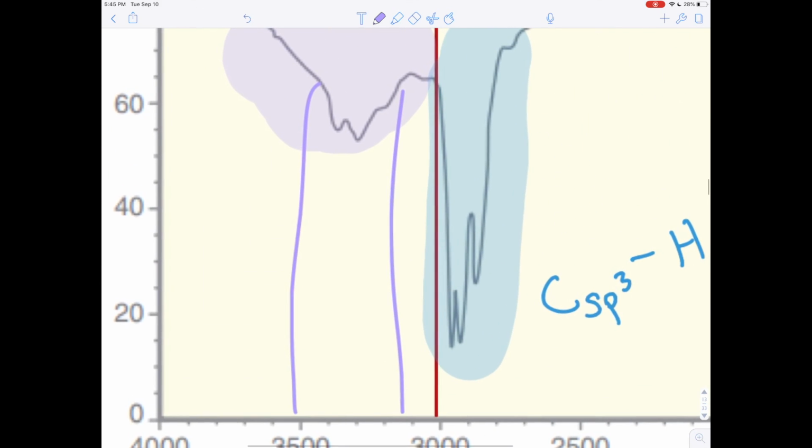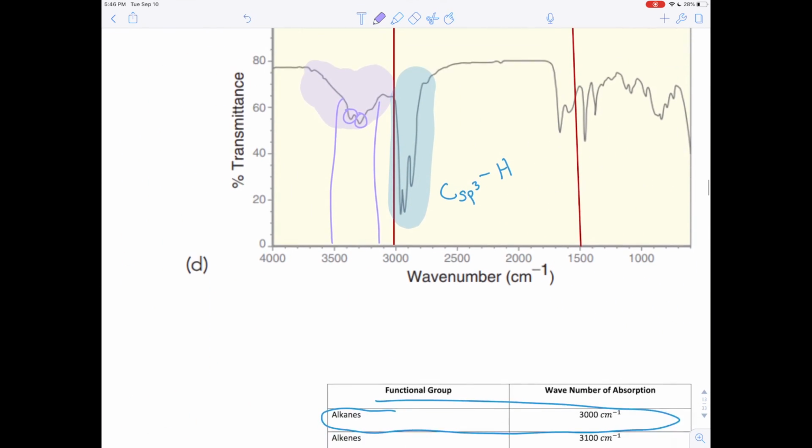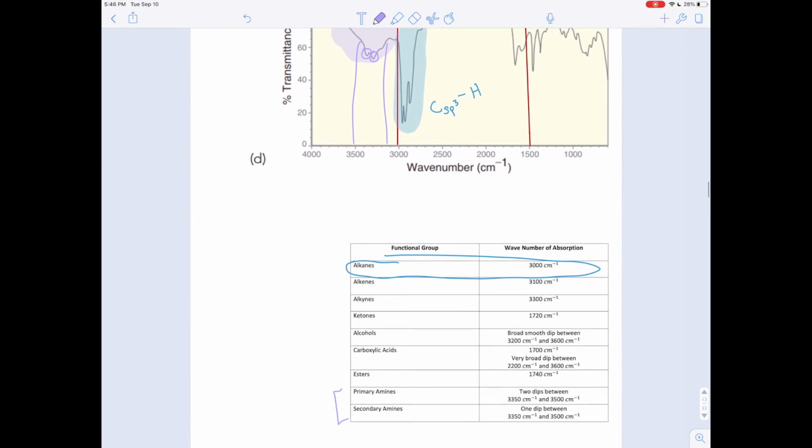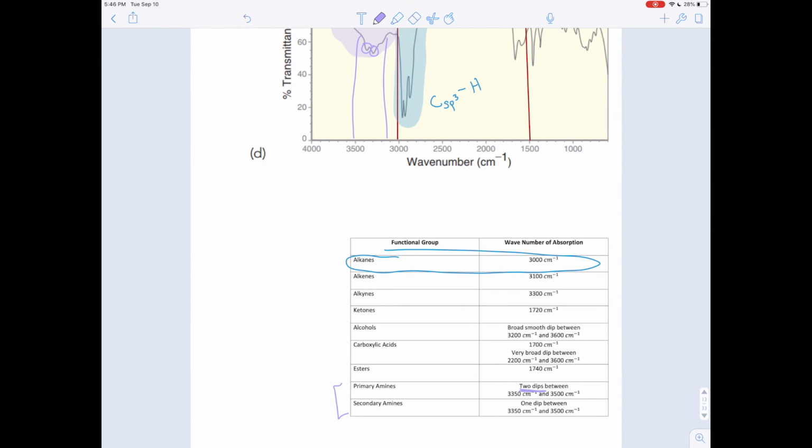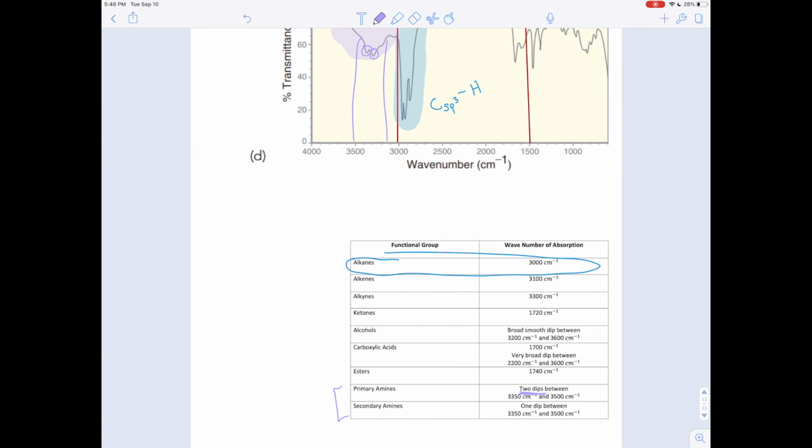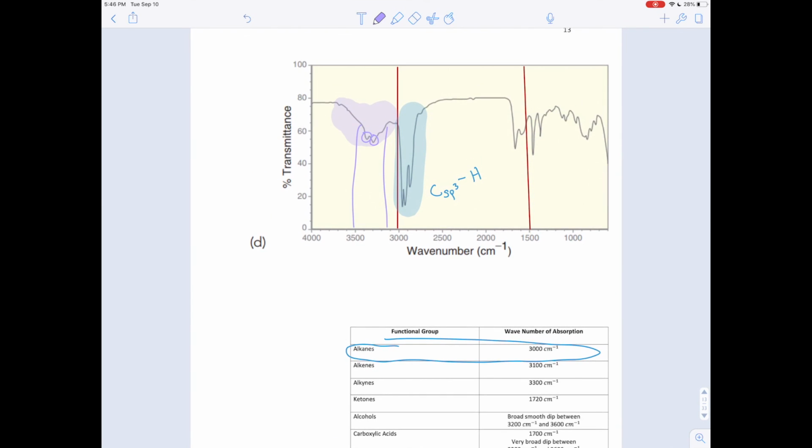And if you look at the tip there, there are 2 little dips. And it's those 2 dips that I'm referring to here in this table. And so really what we're dealing with is a primary amine. So here we have a nitrogen. A primary amine is only bonded to 1 carbon.